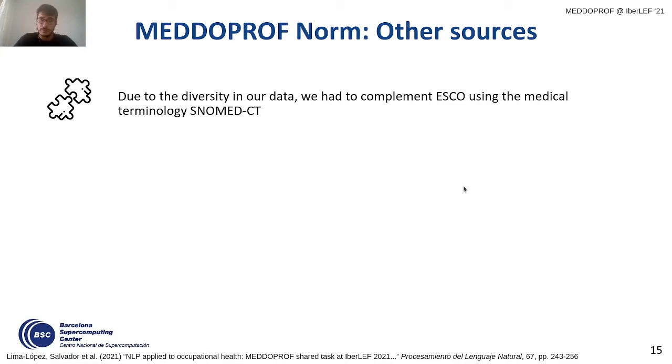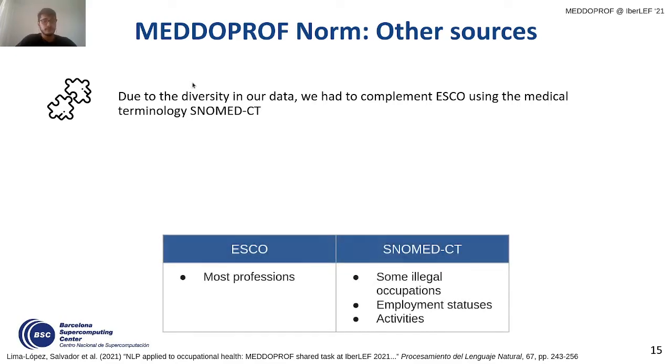So we had to complement ESCO using another terminology, and we decided to use SNOMED-CT, as it's also very comprehensive and it's a fairly popular terminology. To summarize, we normalized most of the professions to ESCO, and to SNOMED-CT when we mapped some illegal occupations that we couldn't find in ESCO, as well as employment statuses and activities.